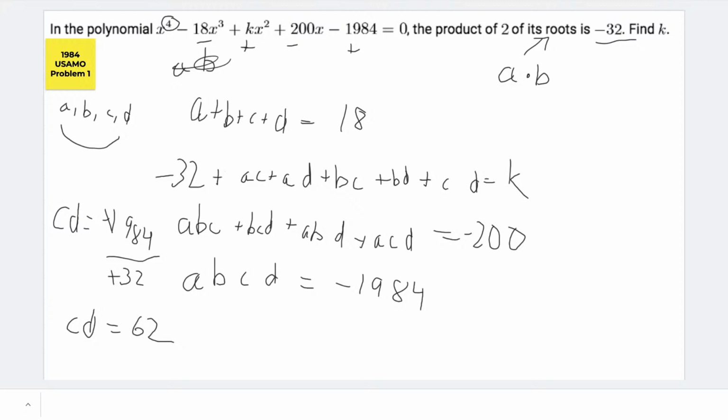So let's replace the cd with 62. Let's first simplify this out, and if you leave all the variables on one side, you get ac plus ad plus bc plus bd equals k minus 30.